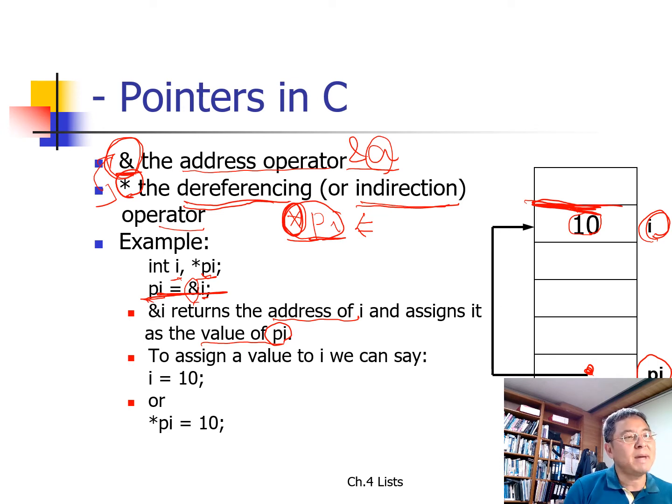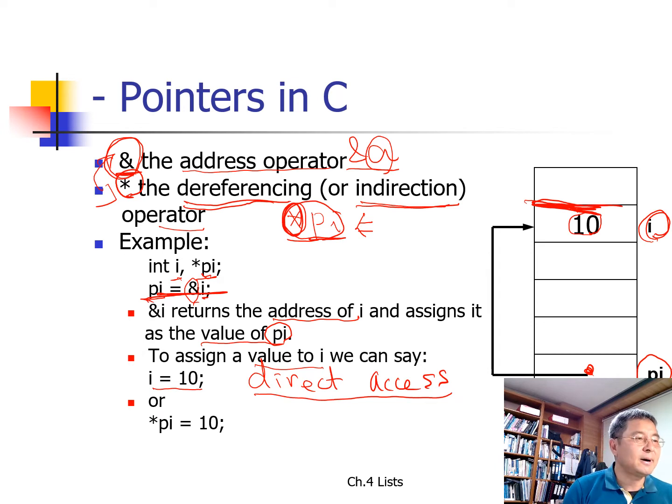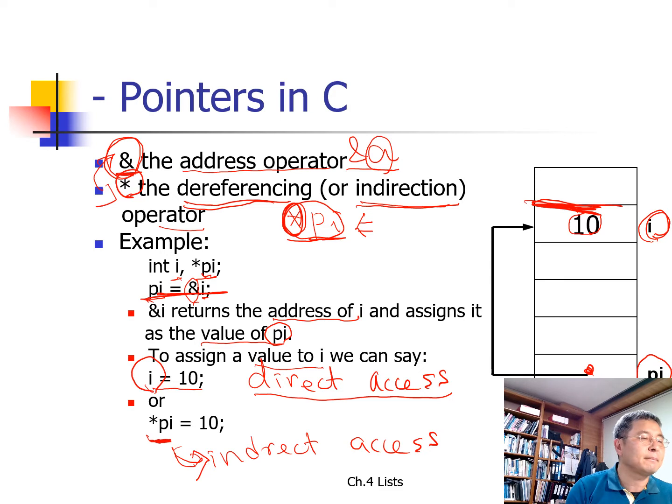To assign a value to i, this is a direct assignment, direct access, using the variable itself. And asterisk pi is indirect access. Both methods, i and asterisk pi, mean the same contents.